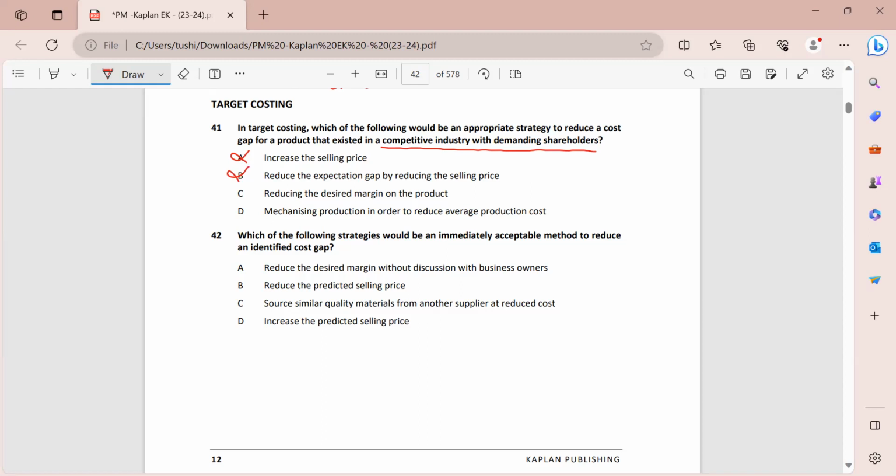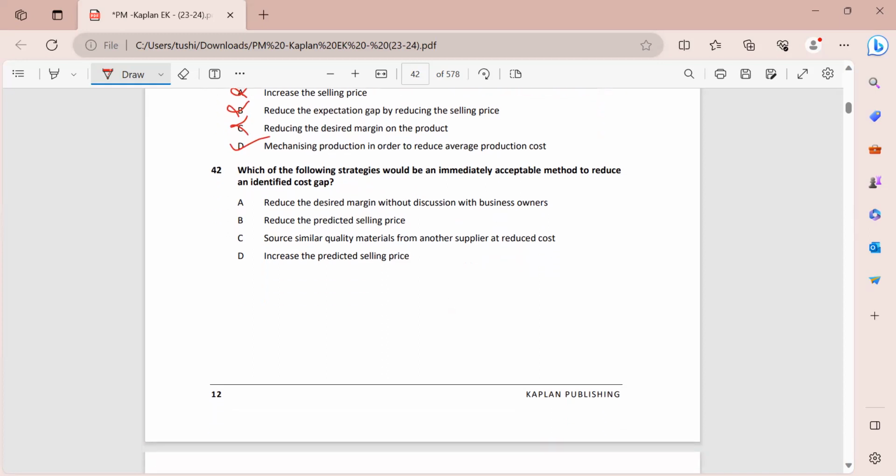Then reducing the desired margin on the product. This is also something we cannot do because we have demanding shareholders. Then mechanizing production in order to reduce average production cost. Yes, this will be the most appropriate way to reduce the cost gap in a scenario where we are in a competitive industry with demanding shareholders.